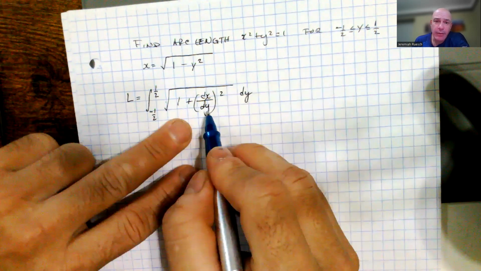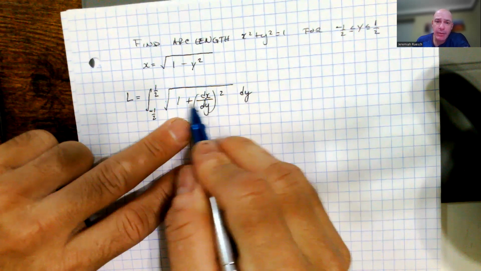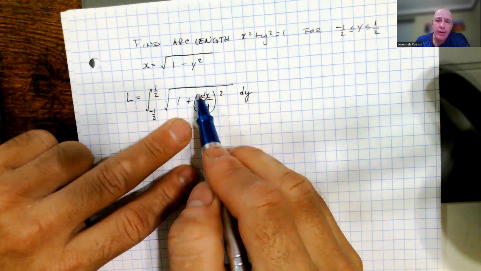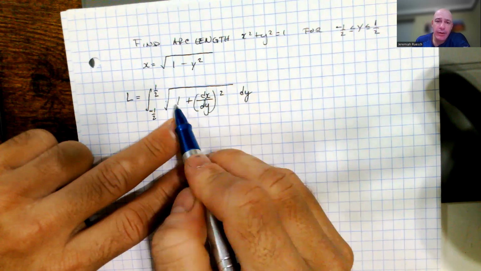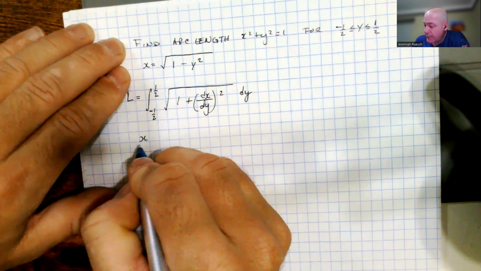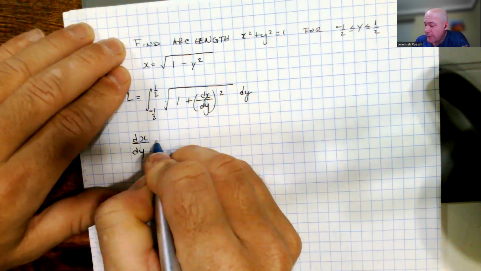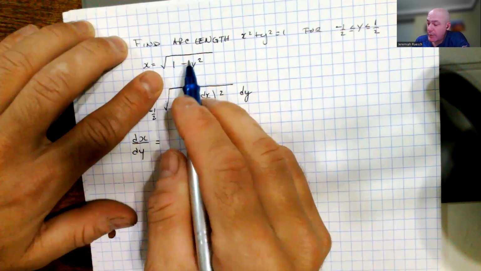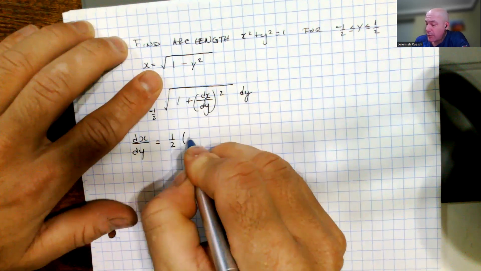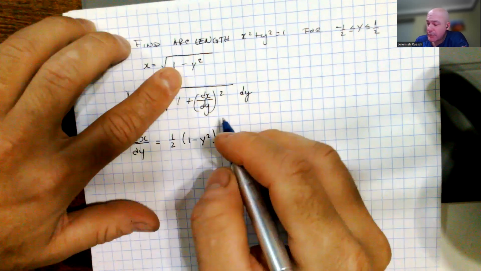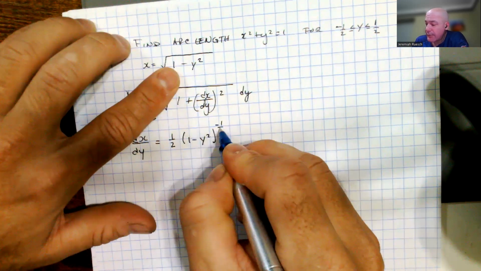Just like before, I'm going to work on this inside part first before I plug everything in. I'll need to take the derivative of this with respect to y, square that, add 1 to it, and see what simplifies. So dx/dy equals 1/2 times (1 minus y squared), and I'm going to reduce the power of the outside function using the chain rule by 1, so that gives us a negative 1/2.